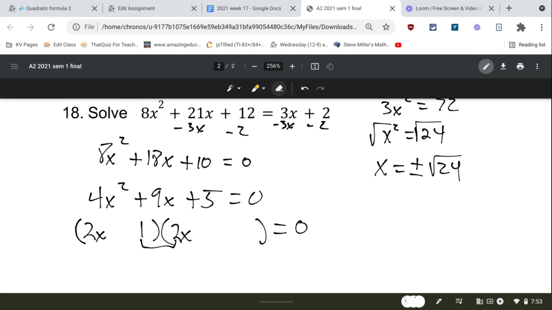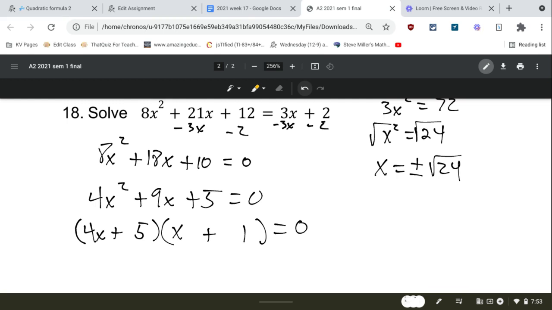So instead of 2x and 2x, we got to try 4x and an x. It's going to be a 5 here and a 1 there. So this will give me 4x, that'll give me 5x, which together will give me 9x in the middle. Everything's plus, thankfully.